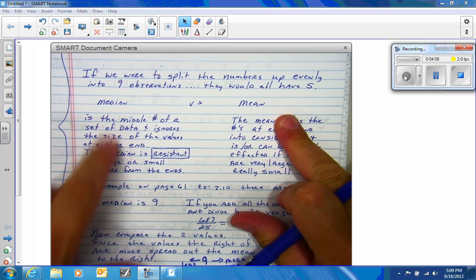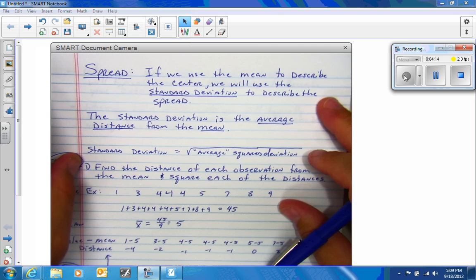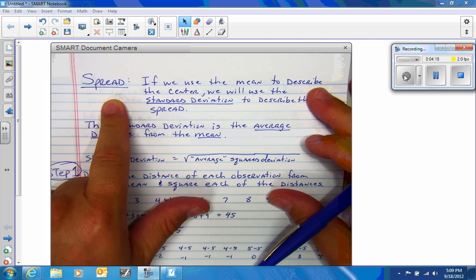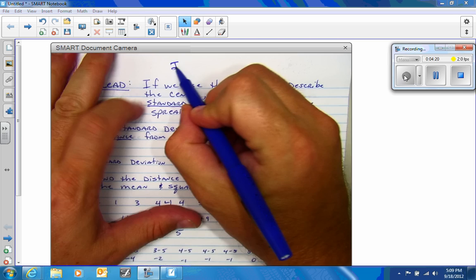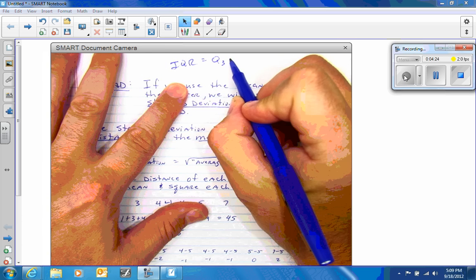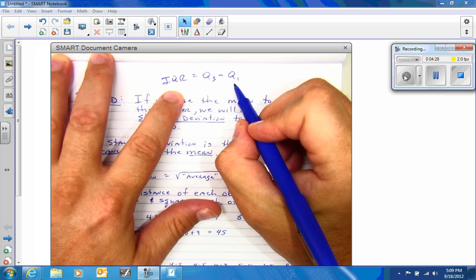Now, what we're going to do is talk about how to measure the spread of data. Remember, previously we talked about the 5-number summary, and we used the IQR, which was Q3 minus Q1, and that gave us the spread.